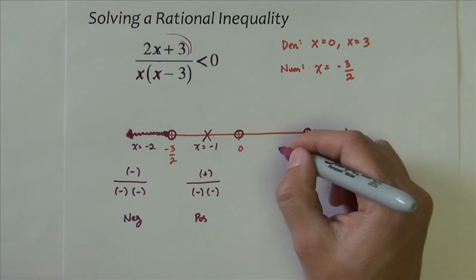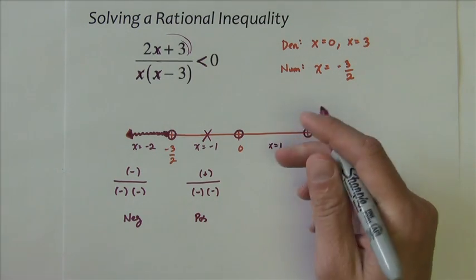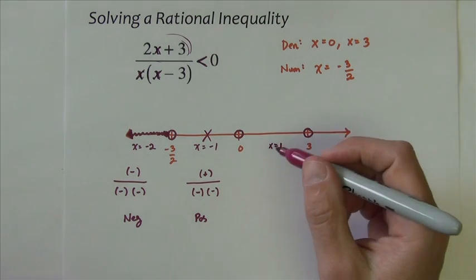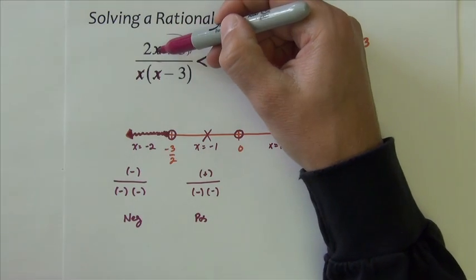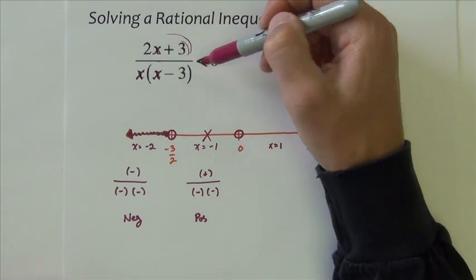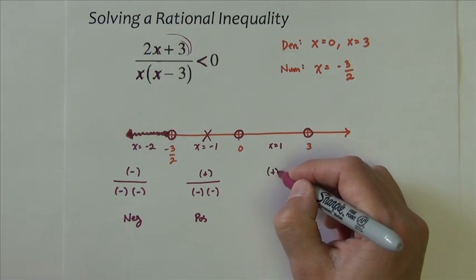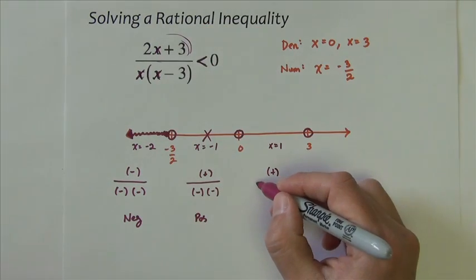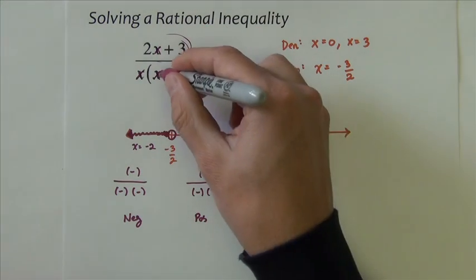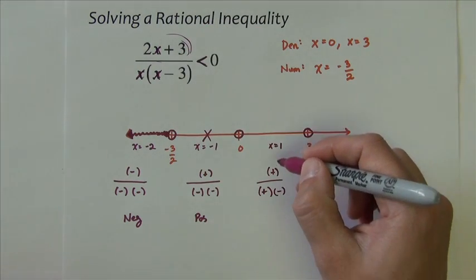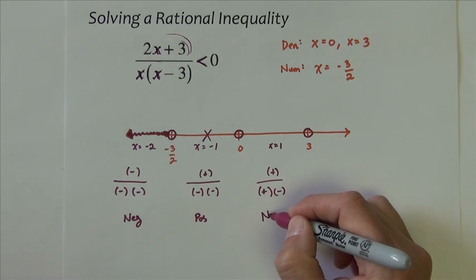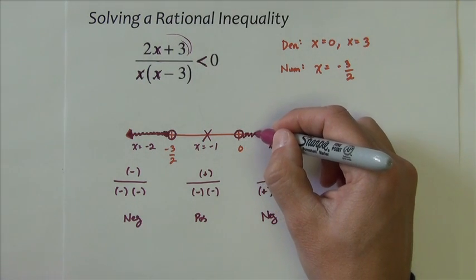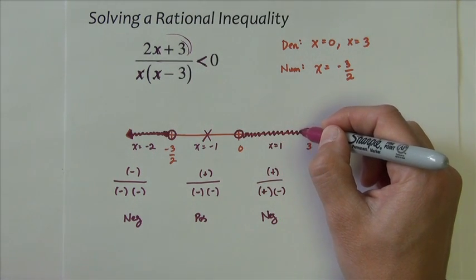Next, I want between 0 and 3, which could be 1, could be 2, whatever you want, as long as it's between 0 and 3. So 1 right here makes that positive. 1 here makes positive. 1 here makes negative. 1 negative of the bunch makes that negative, which is again what I want.